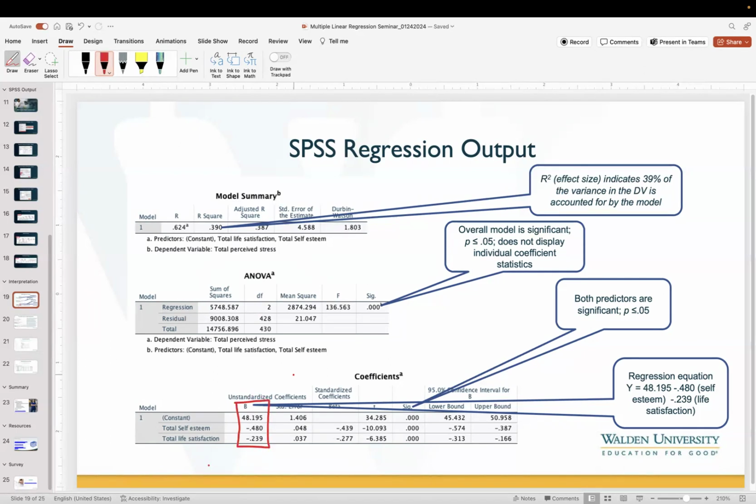Perhaps to me, the most important piece of information, misunderstood, never talked about, etc. This is a beta, but basically it's called a slope. A slope.